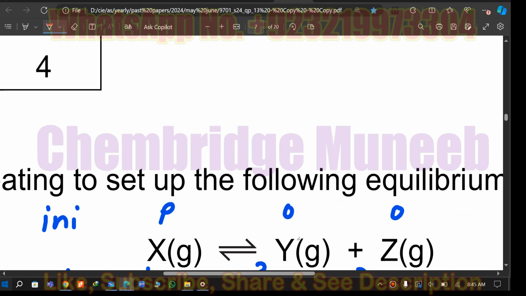But here in this expression you can see that there is 1 mole of X and there is 1 mole of Y and 1 mole of Z, which means this 1 mole of X has been divided in half into both Y and Z. So both Y and Z are taking half the value of the X amount, because there are two products with 1 mole of each, so we have to calculate their separate pressure values.